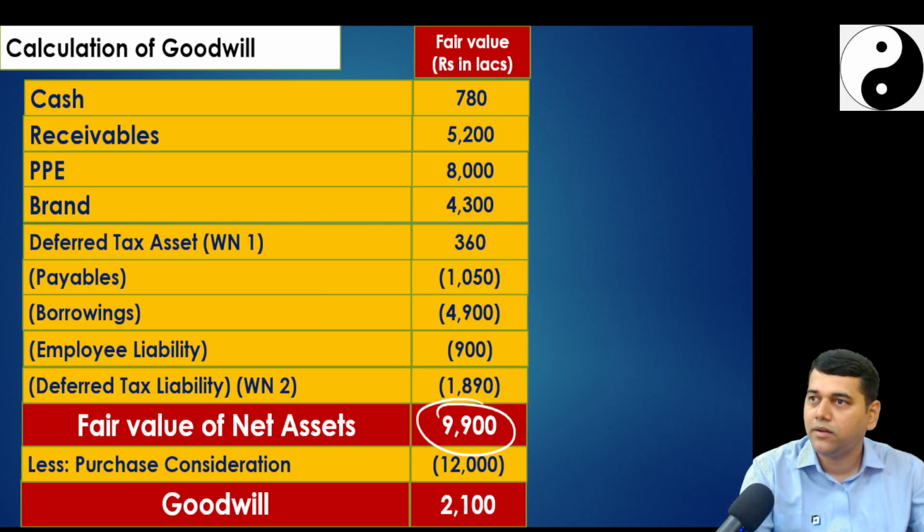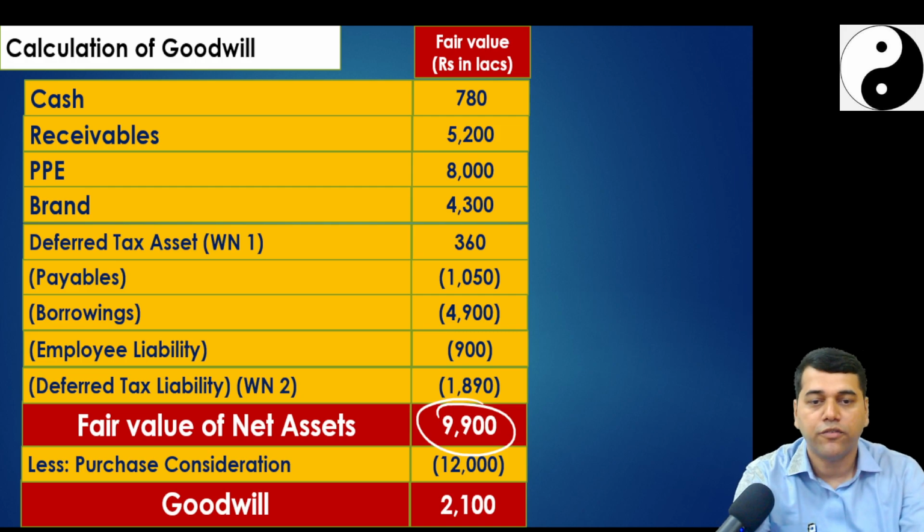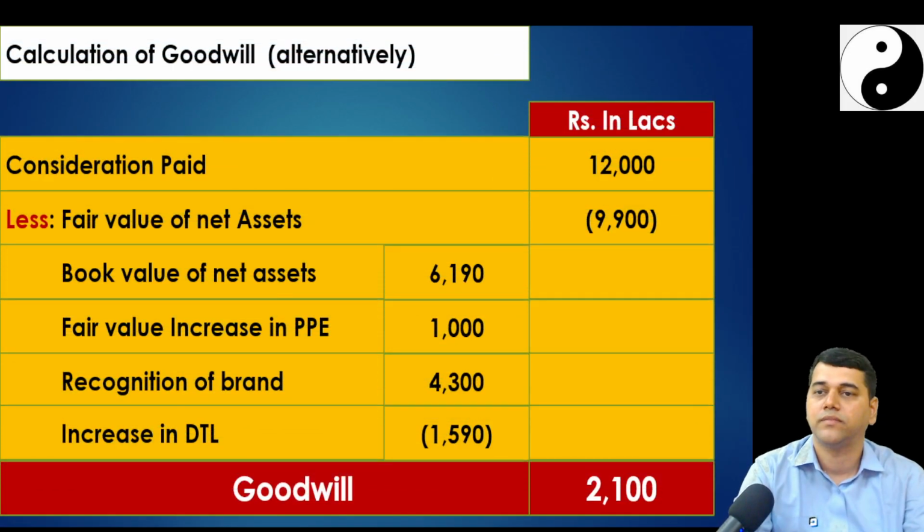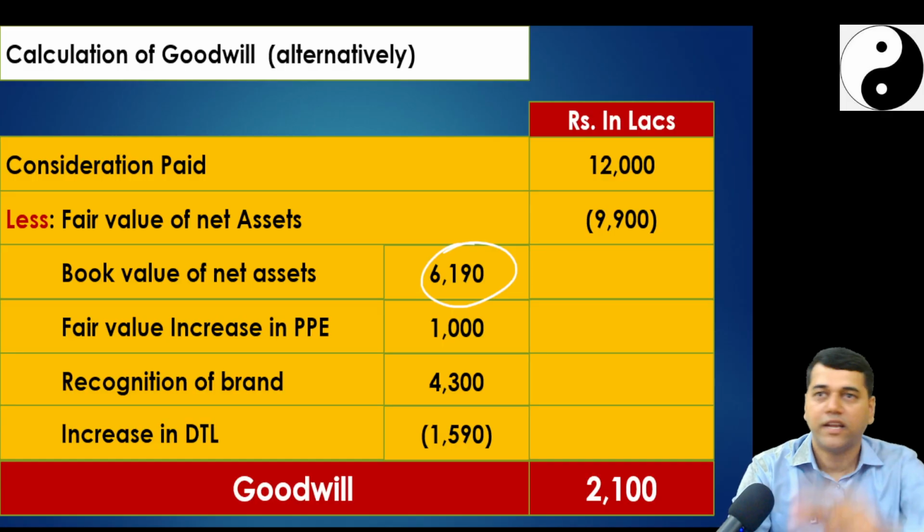So now again, why am I asking you this question? Because we may require this logic somewhere else. The other way of calculating is something like this. See, book value of the net assets is already given. Take all the assets minus all the liabilities. There is only one item, the fair value increase in the PP. Add that.